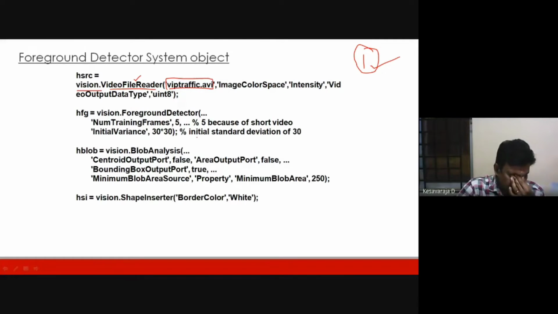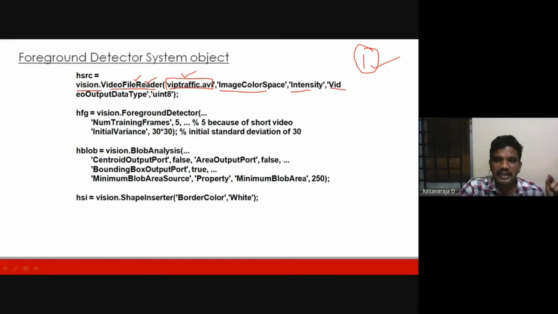Normally, all of you are from a computer science or electronics background, so that's not a problem. The video file reader constructor comprises a collection of hundreds of parameters. We are not passing all those 100 parameters. The mandatory parameter is the video name. The additional parameter is specified as the parameter name along with its value.